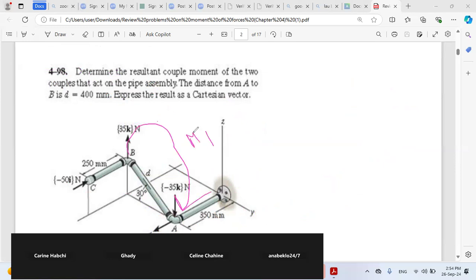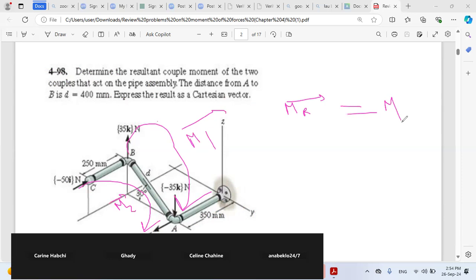And these two will create another vector, M2. You need to add them. So the resultant couple M is M1 plus M2.